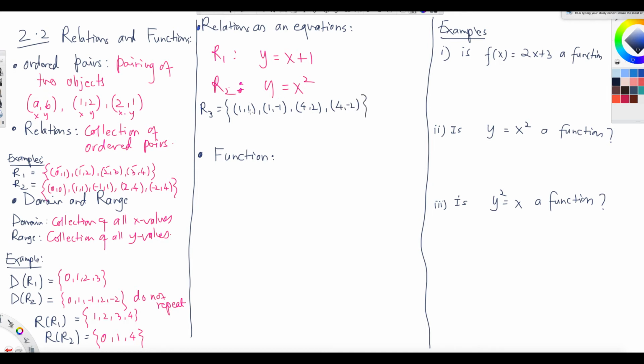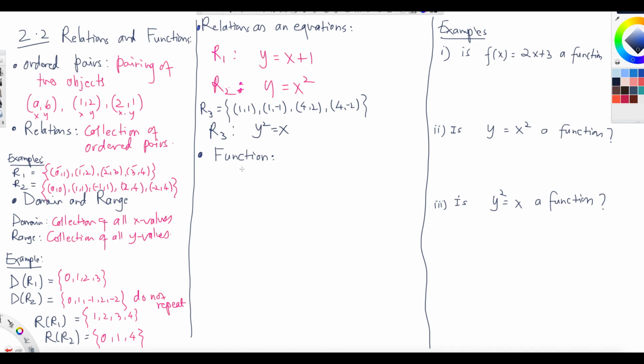It looks like x is the square of y. You see that? (1, 1) and (1, -1). So (4, 2) and (4, -2). You can write this as y square equals x. When you square the y component, you get the x component. So R3 can be written as y square equals x.